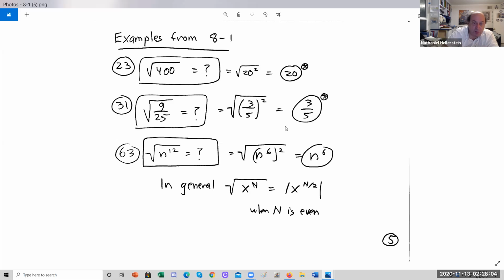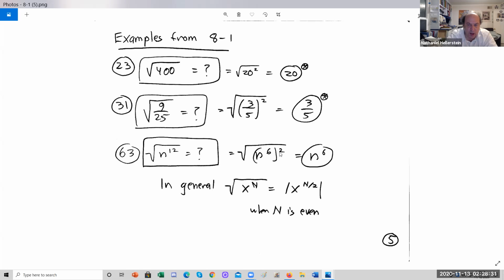So we start off with some examples. Square root of 400. Well, 400 you can check is 20 squared. And so its square root is 20. 9/25ths. Well, 9/25ths is the square of 3/5. The square root of (3/5) squared is 3/5. Square root of n to the 12th. Well, the 12th power is the square of a 6th power, because 6 times 2 is 12.